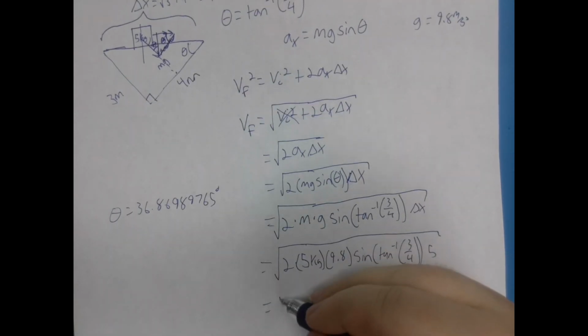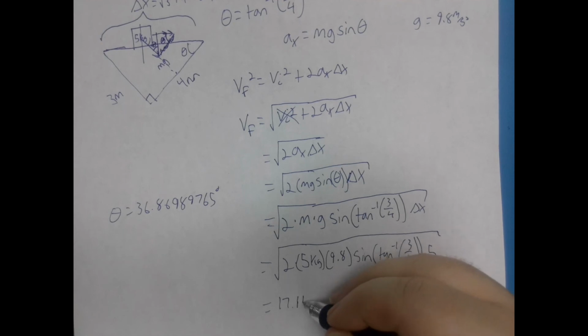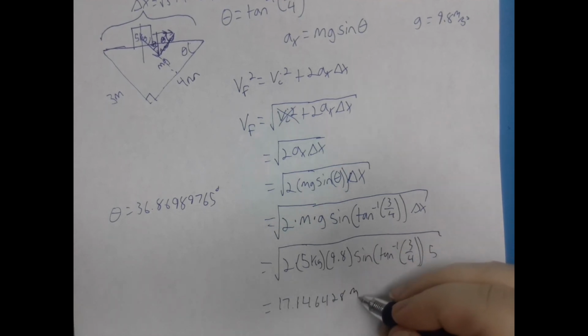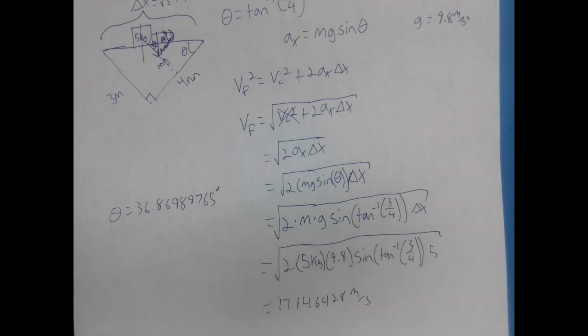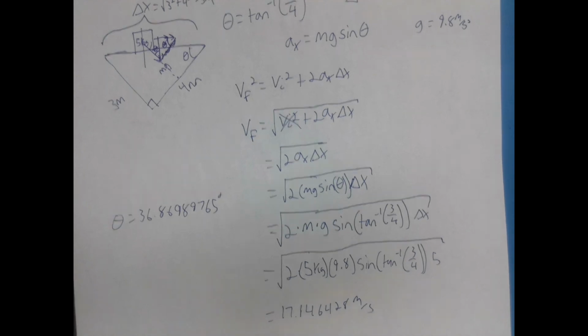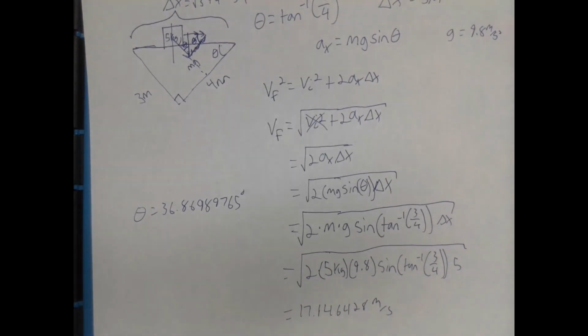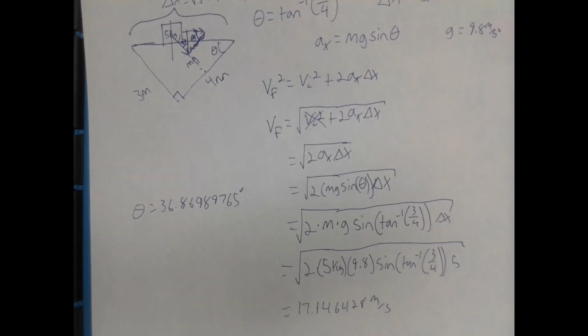But doing this, we get 17.14648 meters per second. Later on in the year, we will revisit this problem, and we will see that there is a super easy way of solving this, where all this mathematics just disappears.